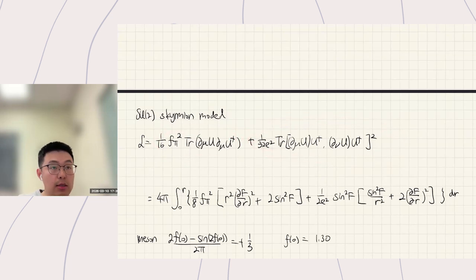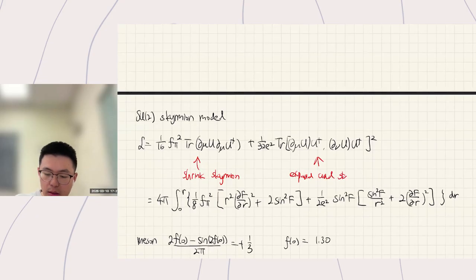And the four derivative term is actually important because if you just have the two derivative terms, the skyrmion would prefer to shrink so that it will minimize its energy. Okay. So if you just have two derivative terms, it will shrink the skyrmions. So it's not a stable configuration. But if you have a four derivative term, it will prefer to expand the skyrmions. And with this term, you can actually stabilize the skyrmion configurations.